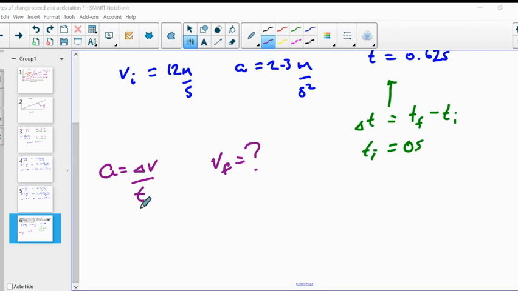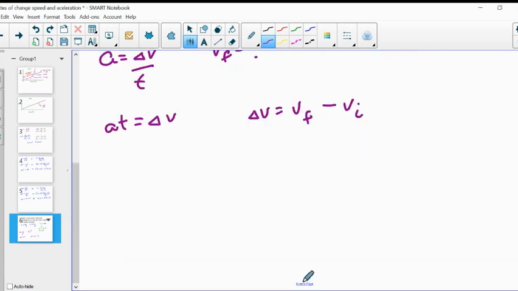So what I'm going to do is remove the t from the bottom of this equation. I'm going to end up with at equals the change in velocity. And we have to remember that the change in velocity is the final velocity subtract the initial velocity.